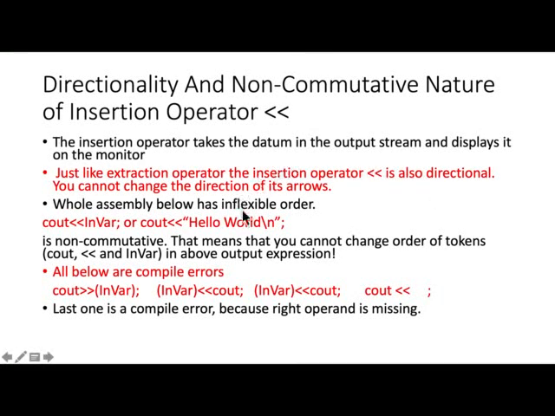This slide again is very important so that you can avoid all the confusion. So the insertion operator is only this type. This only works if cout is the left operand, and you must have something to be outputting as the right operand.